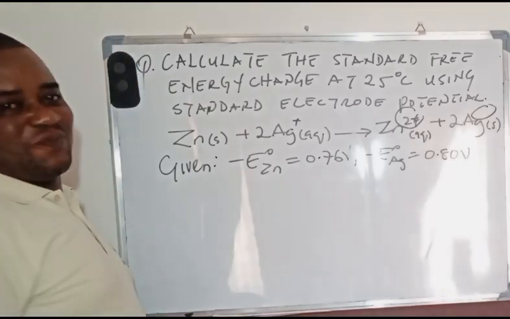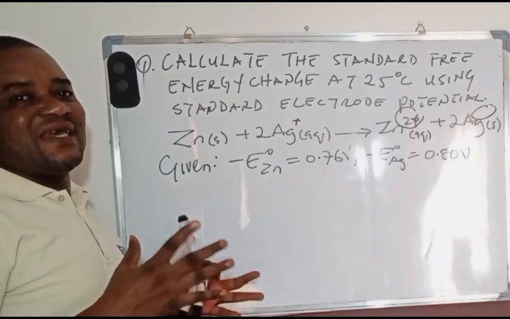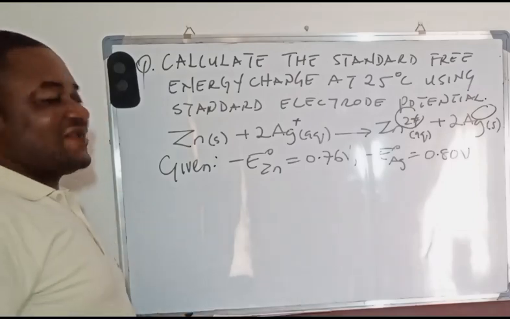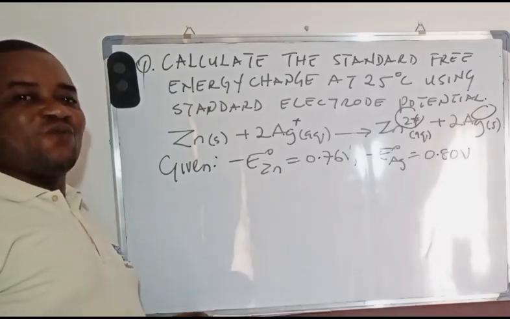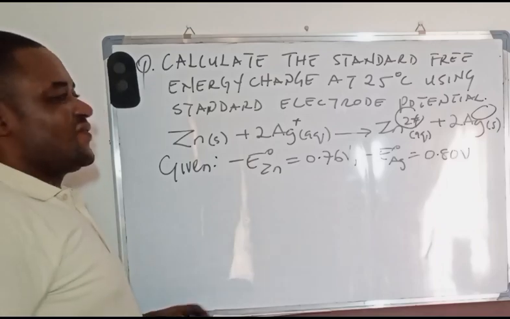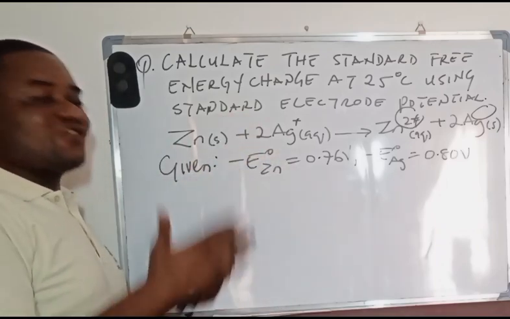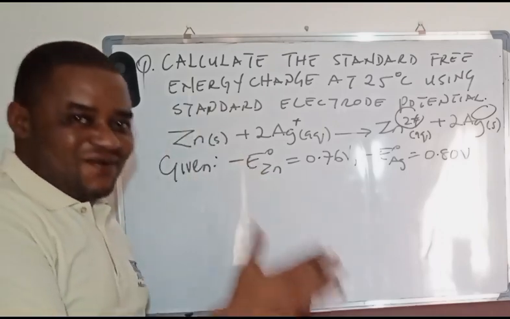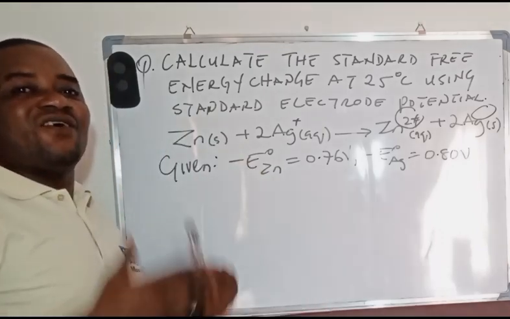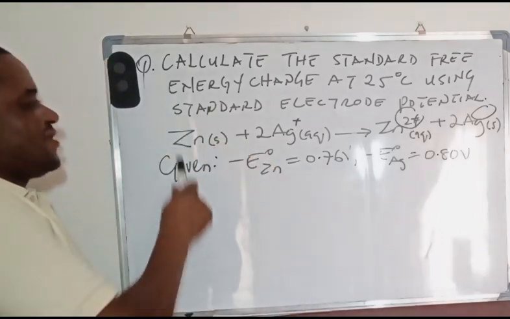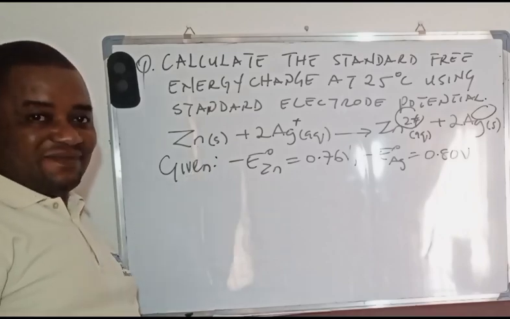Alright, now let us solve this problem. Now let us write out the half cell equation, because we must write out the half cell equation before we are able to solve the problem. To write out the half cell equation, we have to write the oxidation equation, the reduction equation, and the overall equation. Now let us write the oxidation equation, knowing that zinc is oxidized.